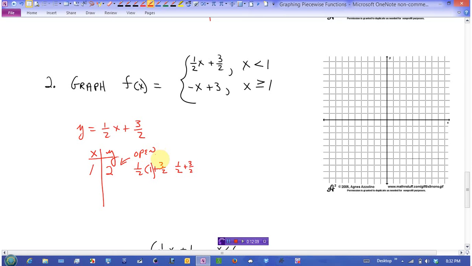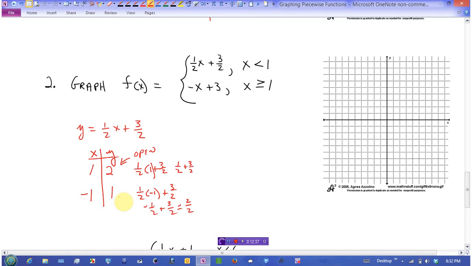Now I need to pick another value for x that is less than 1. So maybe let's try a negative 1. If I plug in a negative 1, I get 1/2 times a negative 1 plus 3/2. That would be a negative 1/2 plus 3/2, which would be 2/2, which is 1.